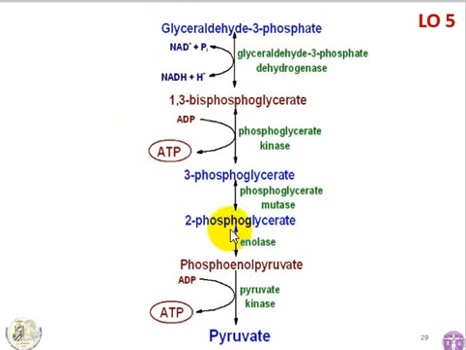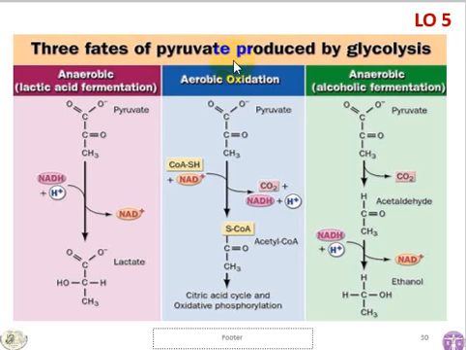So the total outcome of ATP from glycolysis is 2, because we consumed 2 ATP in the first stage, and 4 ATP are released in the second stage. The difference between them is 2 ATP. So the end product of glycolysis is pyruvate.